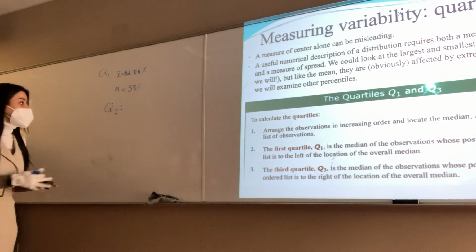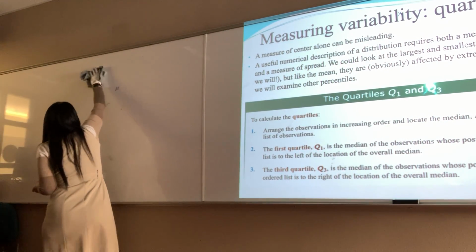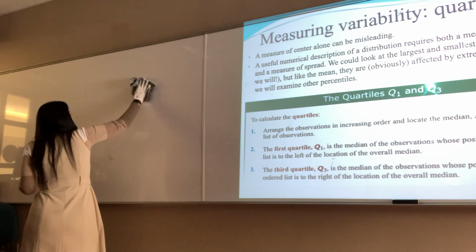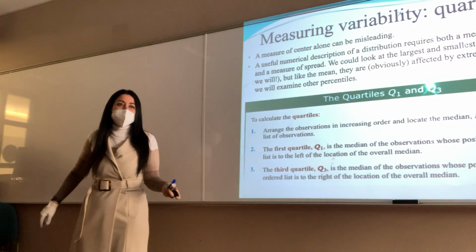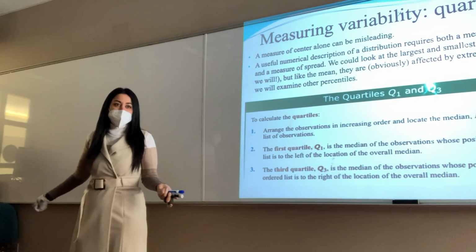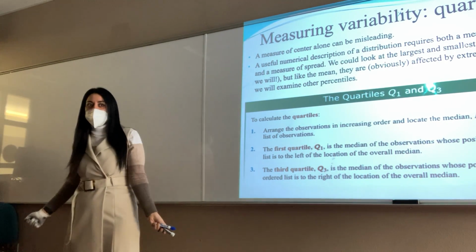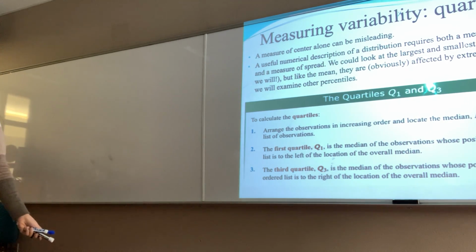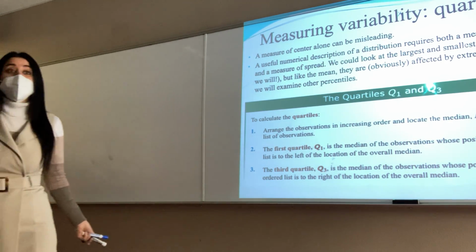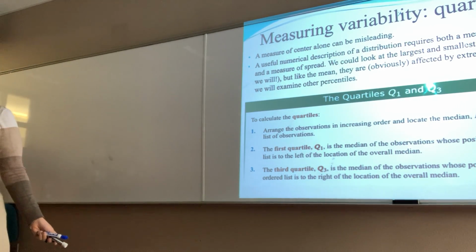Okay, so quartiles. The first thing I can say about quartiles is that they are calculated very, very similarly to the median. Also, they are a measure of variability around the median.